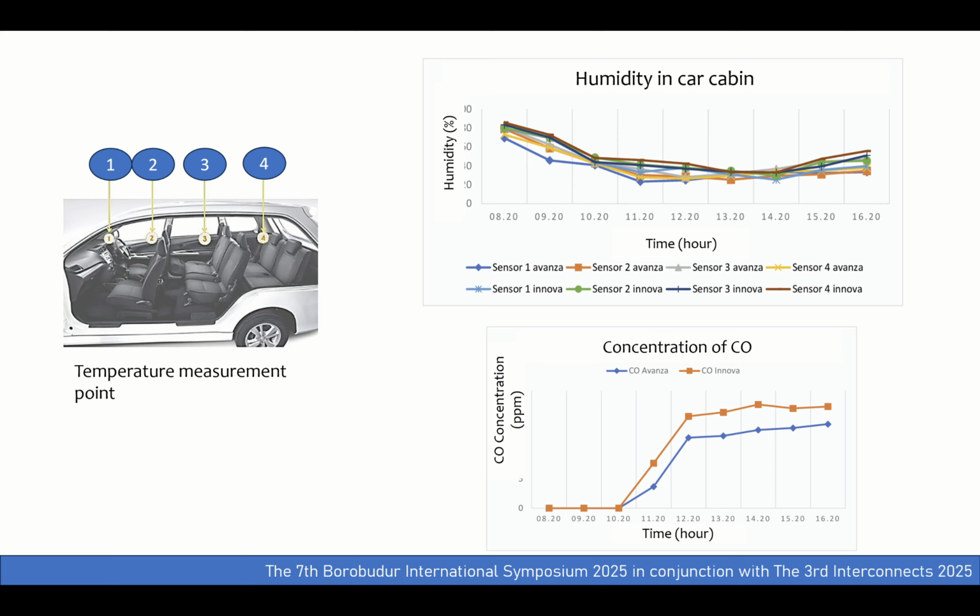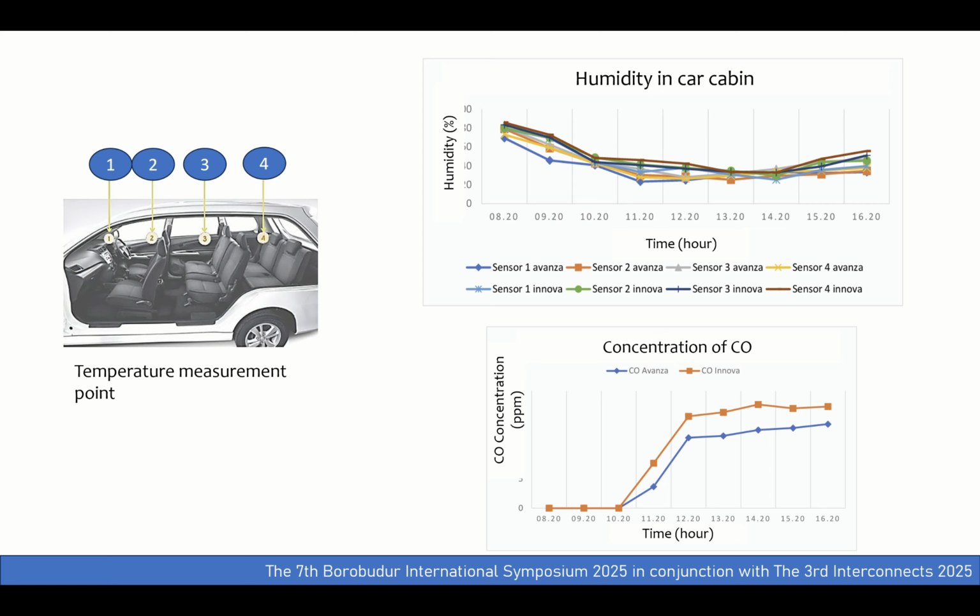It means that the components of the Innova and Avanza cabins have a big effect on carbon.